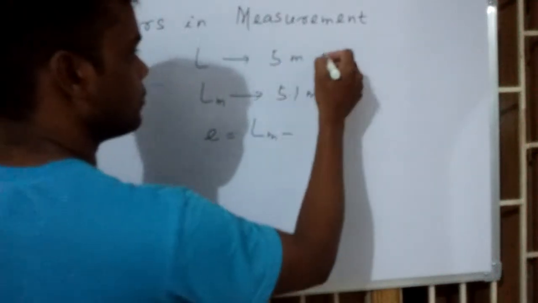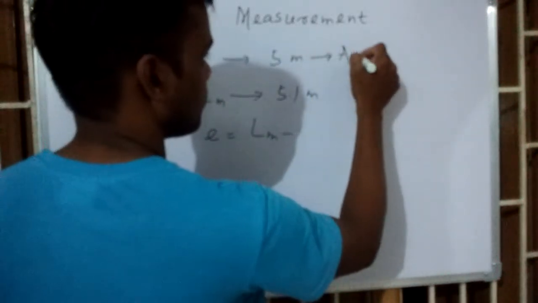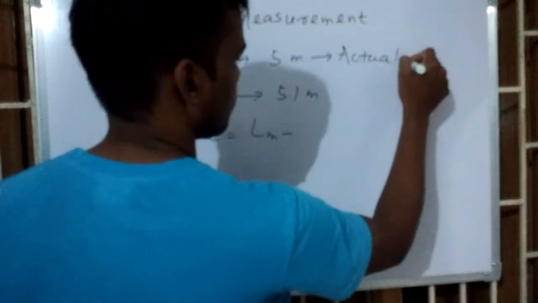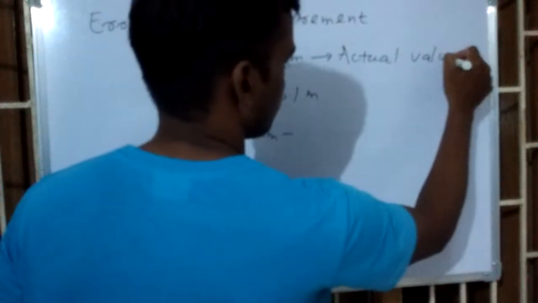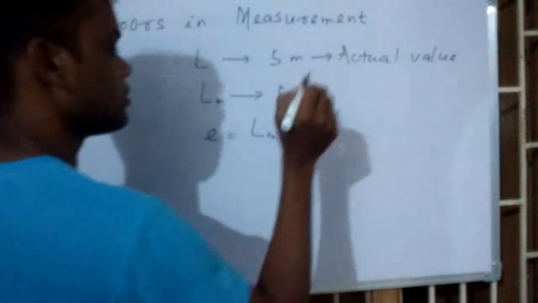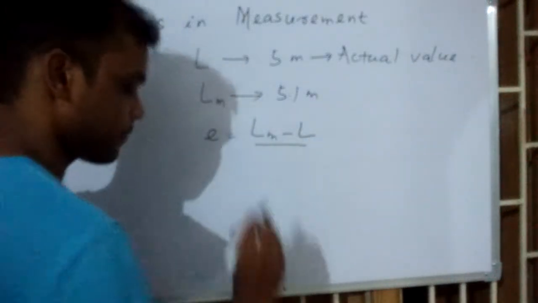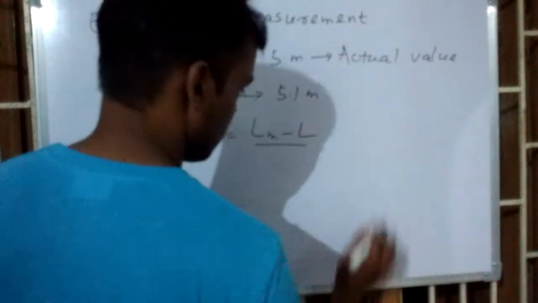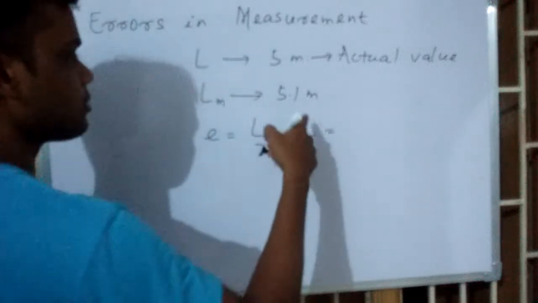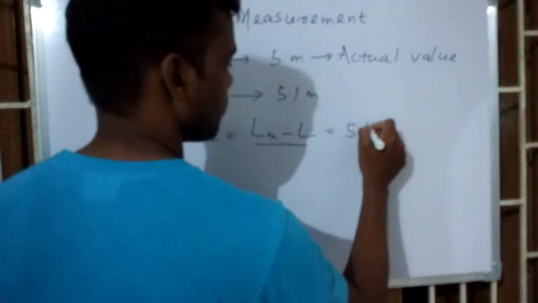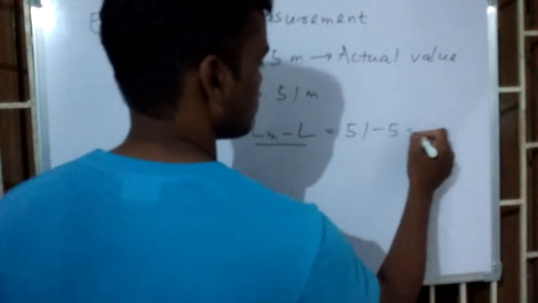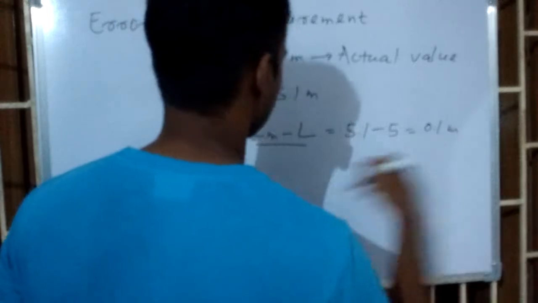This is the actual value, L, and this is the measured value, LM. So LM minus L, which is 5.1 minus 5, equal to 0.1 meter.